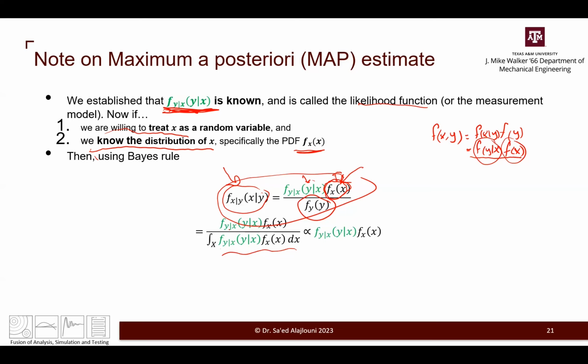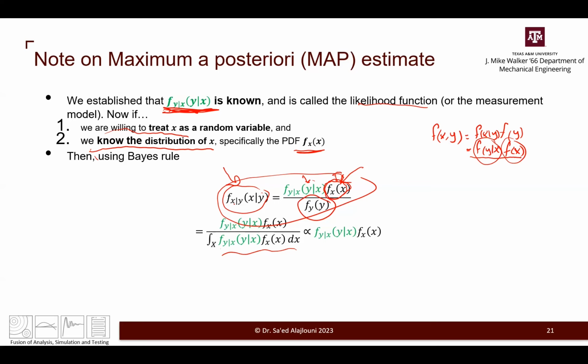Previously, we found the x that maximizes the likelihood of seeing the observations. We call that the MLE, or maximum likelihood estimate. Now, what if I tell you I want to maximize this posterior distribution, because it's the one that incorporates additional information about the observation?